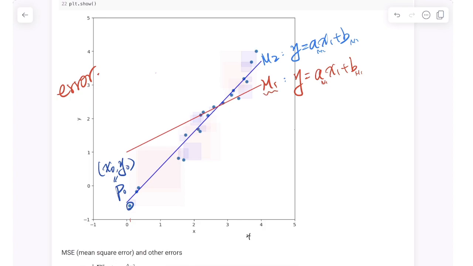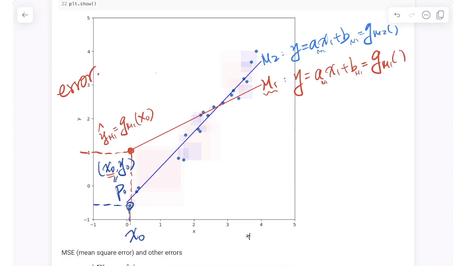For P0, its x value is x0 and its y value is y0.